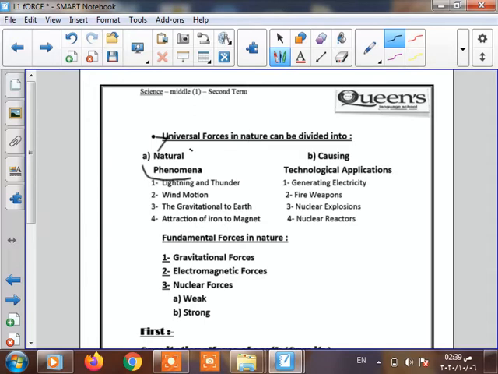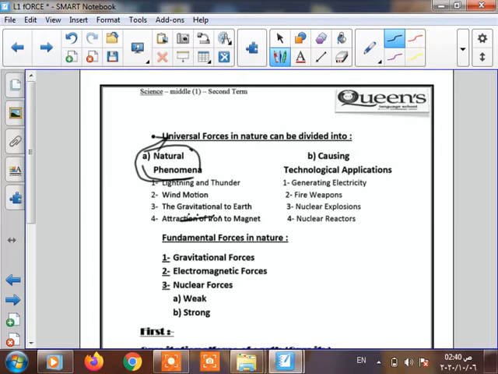First, the forces found in natural phenomena: the forces found in lightning and thunder, wind motion, the gravitational force of Earth, and the attraction of iron to a magnet. Then I have forces causing technological applications, like generating electricity, fire weapons, nuclear explosions and nuclear reactors.